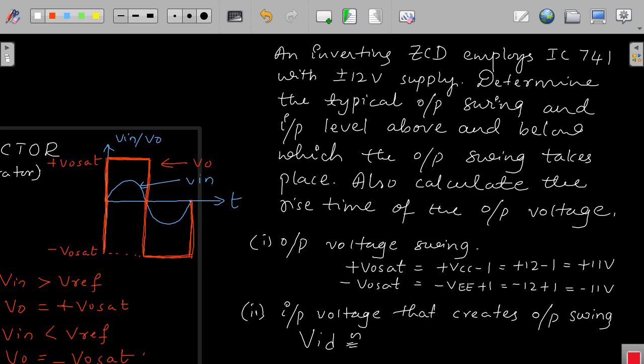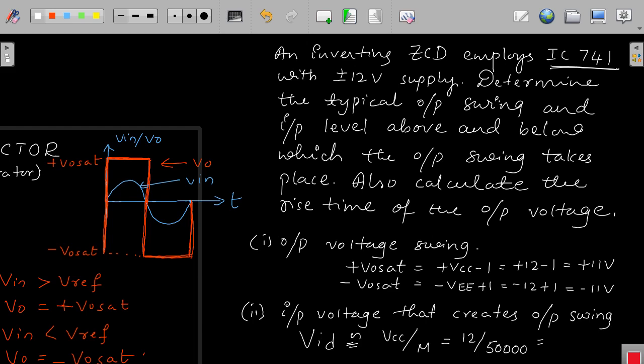What is VID equal to? VCC by M. Yes, VCC by M. At least some of you are noticing these things. This is 12 divided by M. It is IC741, so these things will not be given. M you can take as 50,000.